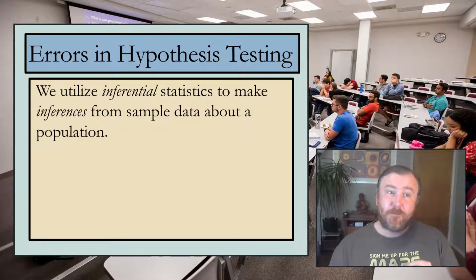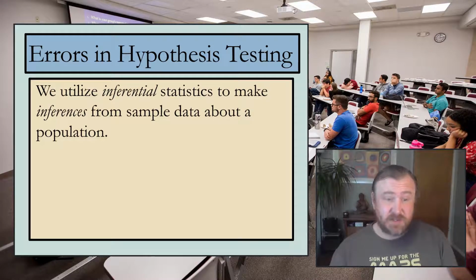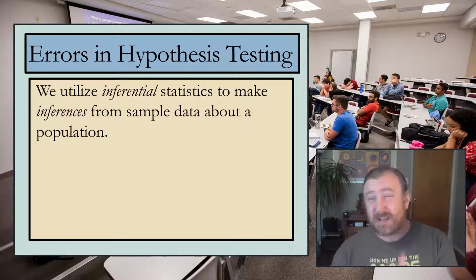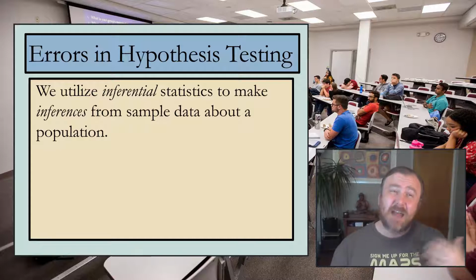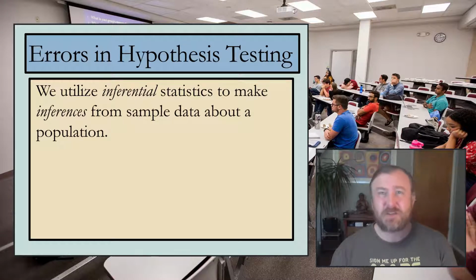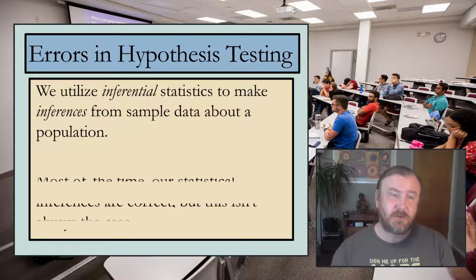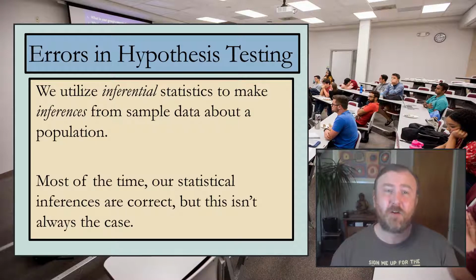Now, we can never say that this is true, we can say that this is likely false on the basis of evidence, but we can't say it's true. And as a consequence, we set it up so most of the time we're not in error. But some of the times our statistical inferences are not going to be correct.